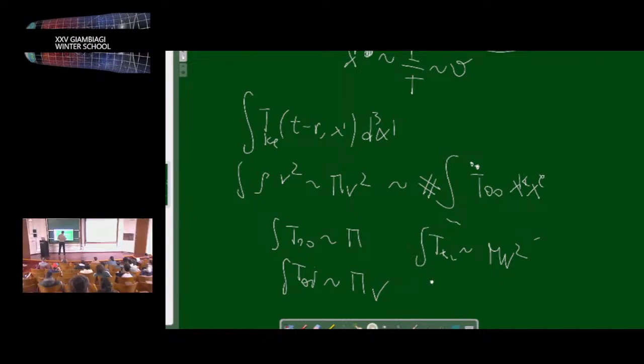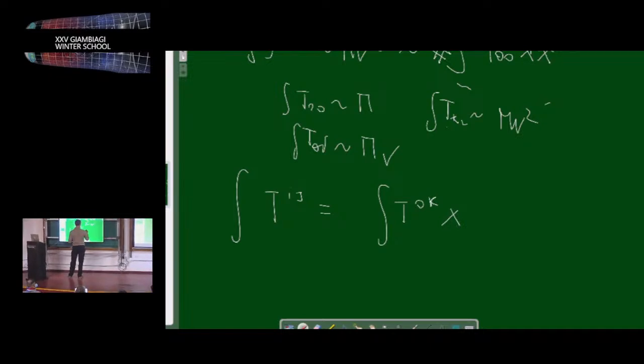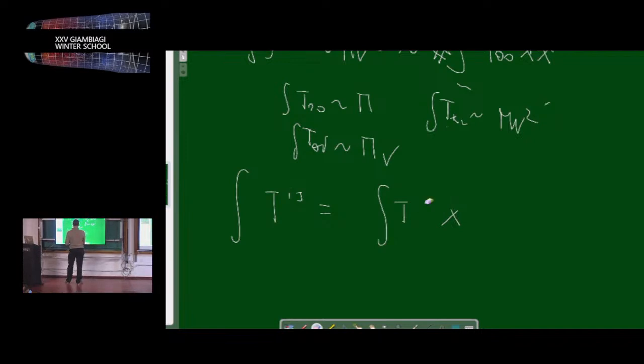Okay. So I move on to demonstrate this funny relationship, and I do it in steps. Let's see if I can do it right. So the trick is the following. I say that the integral of Tij, I want to trade it for some k, i, j plus t with some coefficient.